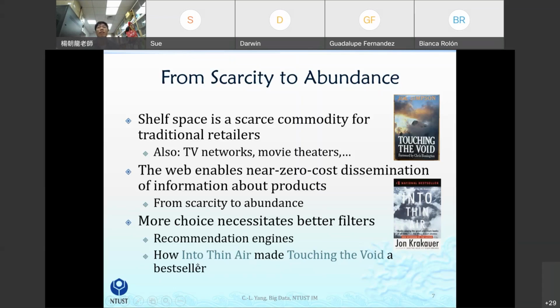But if you go to Netflix, it's not only 10 you can recommend. You have maybe thousands of different movies you can recommend. So that is the major point: we want to make sure you understand the abundance.